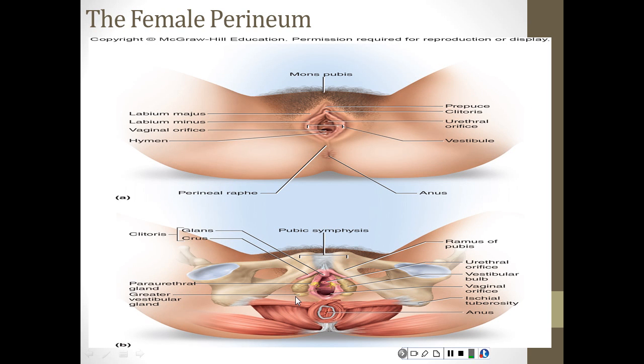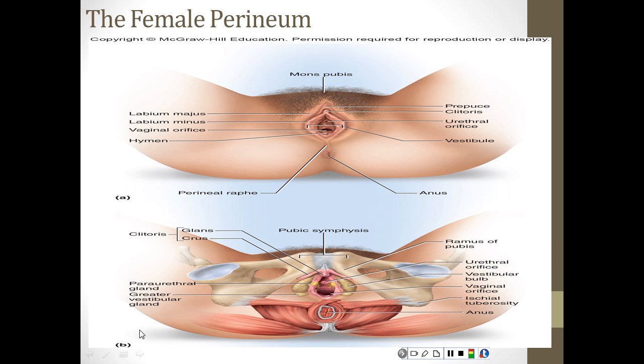Vestibular glands. The bulbs are the ones that accumulate with blood during sexual intercourse and cause the vagina to tighten. Okay, so make sure you know the difference between the vestibular bulb and the vestibular gland.